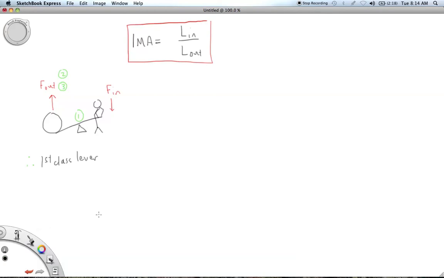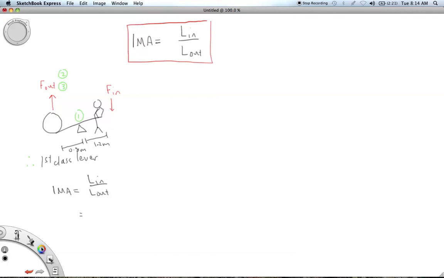Now let me add some measurements. Let's say this here is 1.2 meters, a little bigger. Let's say from here to here, 1.8 meters. So to calculate the IMA, it's equal to the length of the input arm over the length of the output arm. How do we know what the length is?